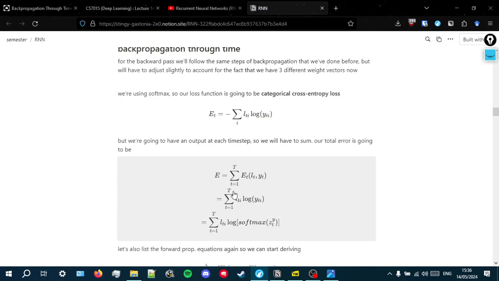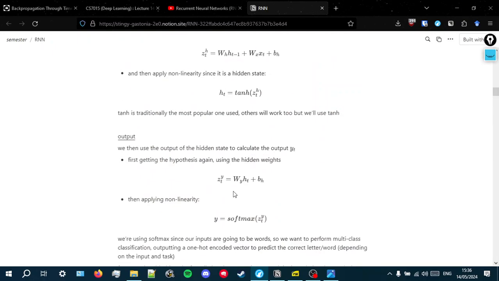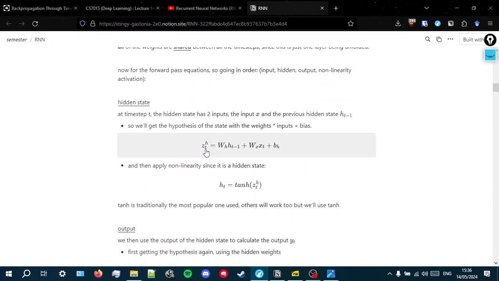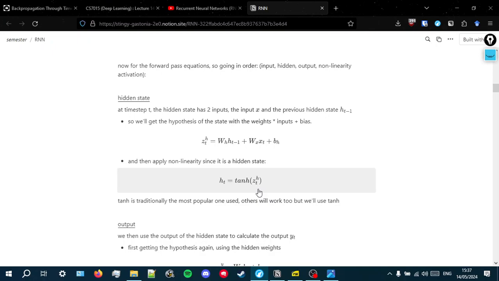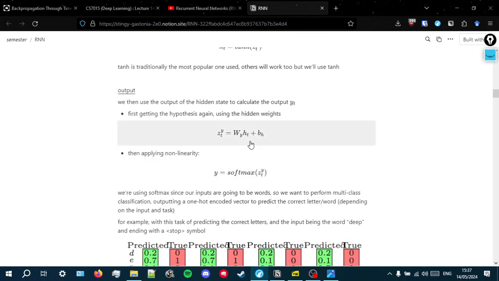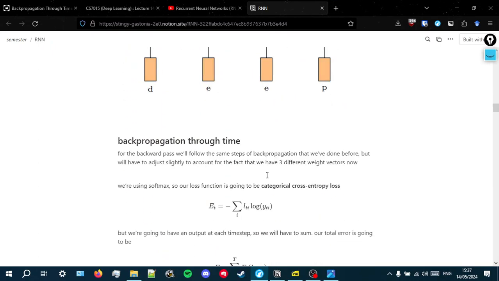So just going through the forward propagation again, it's just going to be z_h of t, the pre-activation for the hidden state, which will be tanh of z_h of t, and then from that we take h of t multiplied by the weight, and then apply softmax on it, and from that we can apply the loss.